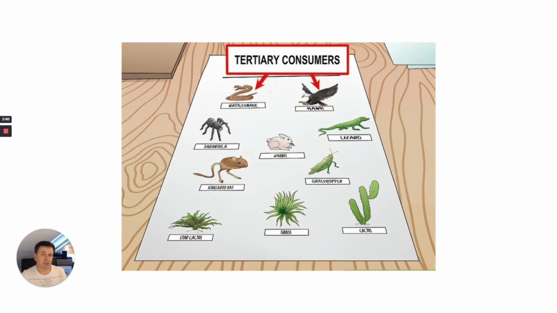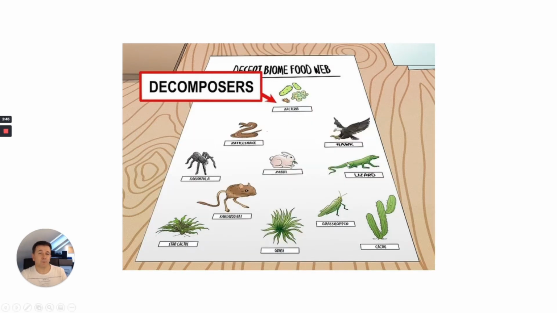And finally the tertiary consumers, in this case the rattlesnake and the hawk. We also have, at the top of the tree, decomposers, because when all of these organisms die, they will be decayed and decomposed by things such as bacteria and detritivores such as maggots.